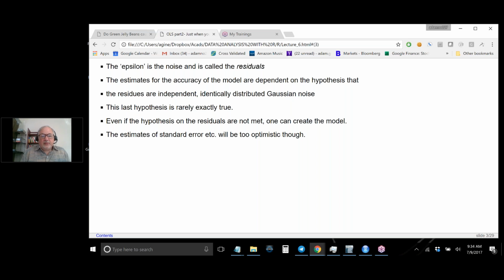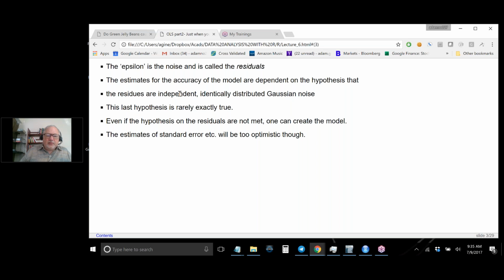It's supposed to be noise. It may not be noise, but those are the residuals. And all these model estimates you have for the coefficients are dependent on hypotheses about the residuals, namely that the residuals are independent, identically distributed Gaussian noise. So what that means is that each of these residuals is a random variable.